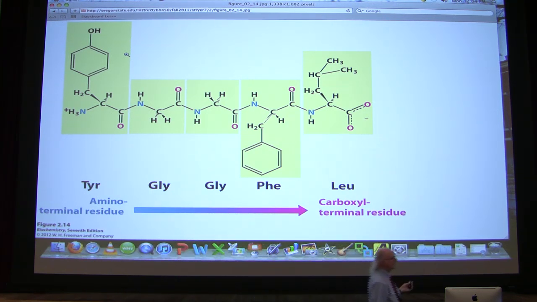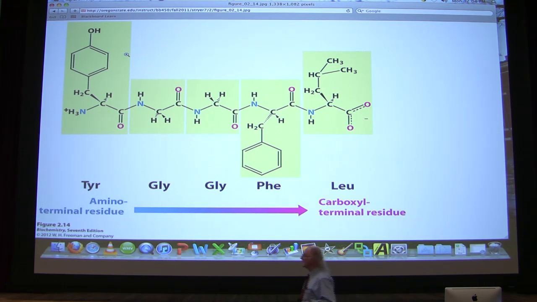That's the only place in a polypeptide where we will see a free alpha amino and a free alpha carboxyl. And the reason for that is because the peptide bond, which you see right there, gobbles up a free carboxyl and a free amino. So every time we have a peptide bond, we lose a free alpha carboxyl and a free alpha amino. So we see peptide bond, peptide bond, peptide bond, peptide bond.